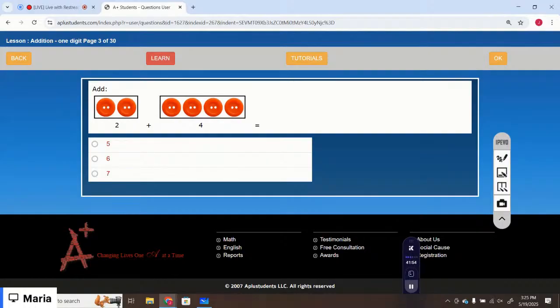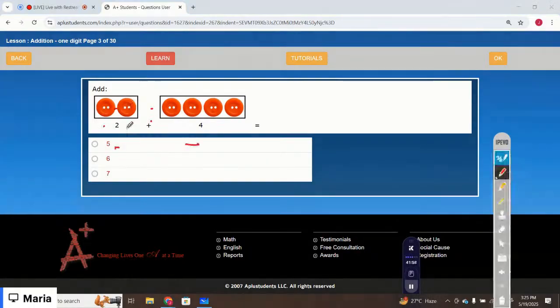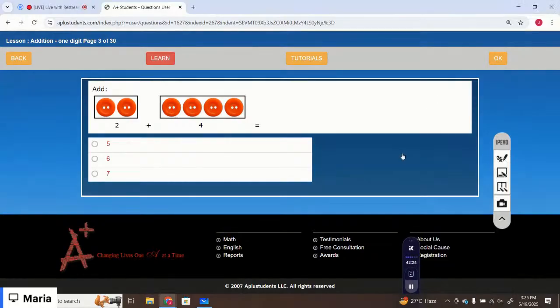Add 2 plus 4. So let's just count them together. They are 1, 2, 3, 4, 5, 6. So 2 plus 4 equals 6.